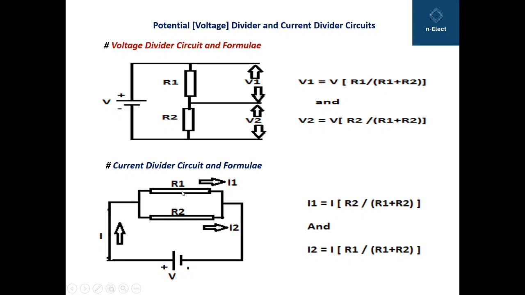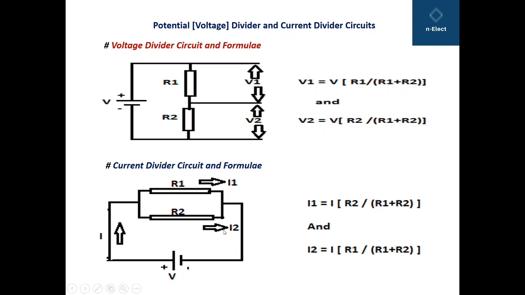There is one trick. If you want the current flowing through R1, first take the total current flowing in the parallel combination, which is I. Then, into the bracket, you take the resistance value through which we don't want the current. We require the current through R1, not through R2, so R2 goes in the numerator, divided by R1 plus R2, the addition of these two resistances.